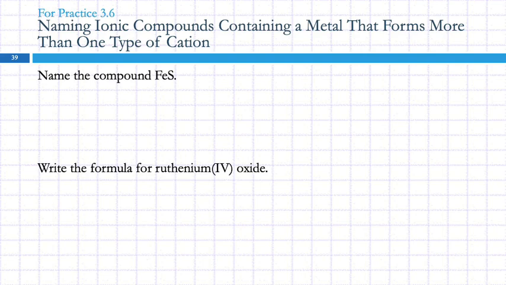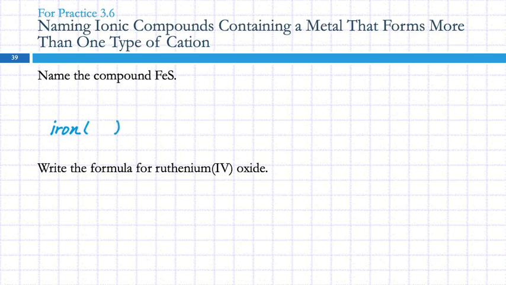Name the compound FeS. Fe is the symbol for iron. Is iron in group 1A, 2A, 3A, zinc or silver? No. Okay, Roman numeral.